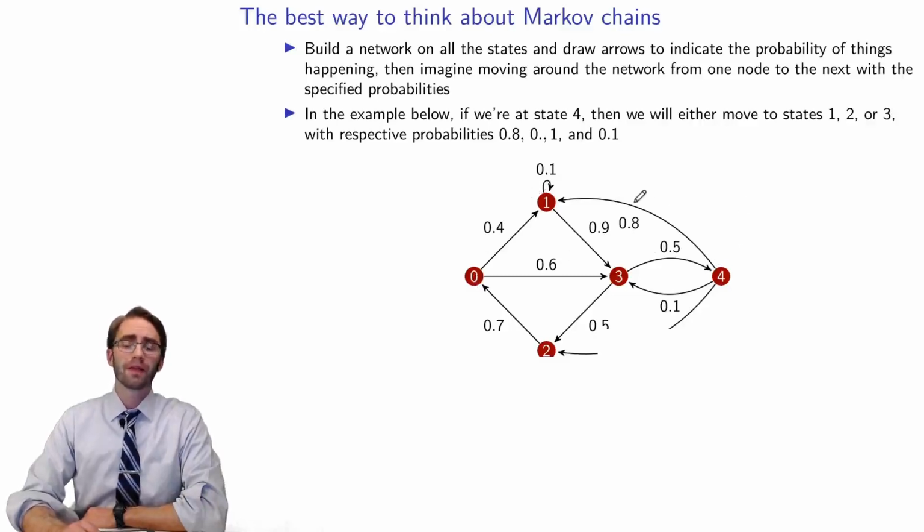You think about this stochastic process as jumping from one state to the next. Maybe I start in state 3, and then I move over to state 2, and then you can see a little cycle here, so maybe I go back to state 2, and again, and then I go to state 0, and then state 1, and then state 3, and then state 4, and so on and so forth.